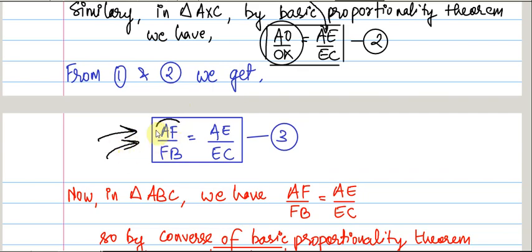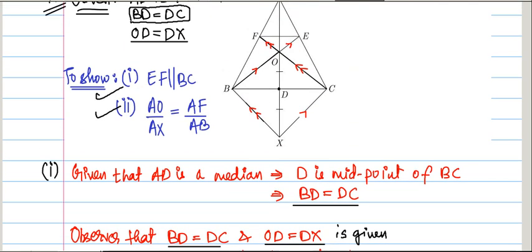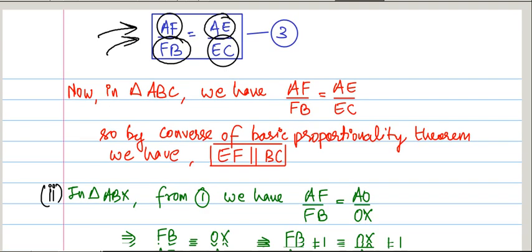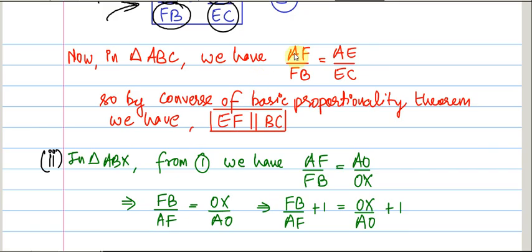Now we have to see that these four sides, AF, FB, AE, EC, are in which triangle? They are in this triangle also, in triangle ABC. So in triangle ABC, we already have this.